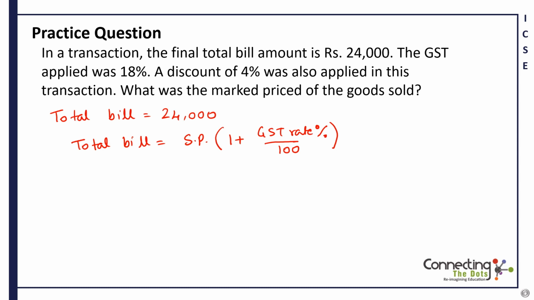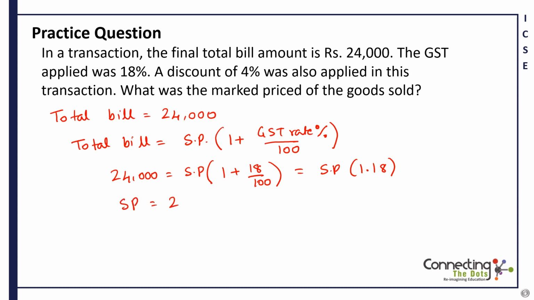We know that the total bill is 24,000, and this is equal to SP multiplied by 1 plus 18 by 100. So this is what we have. Now it's quite easy to calculate the selling price from this.